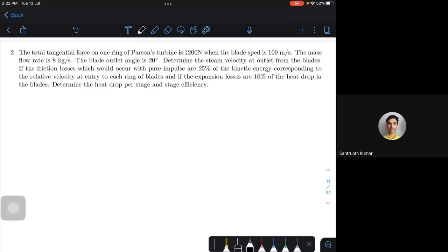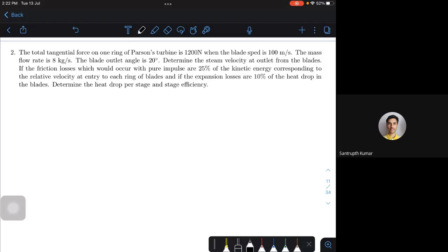Okay, let's take one more simple problem of a different variety. It's something like this. The total tangential force on one ring of a Parsons turbine is 1200 newtons when the blade speed is 100 meters per second.